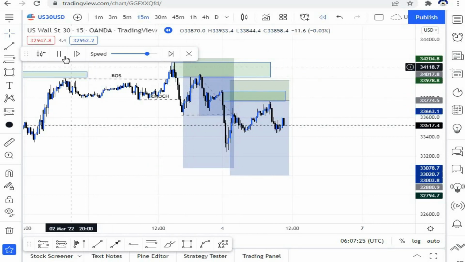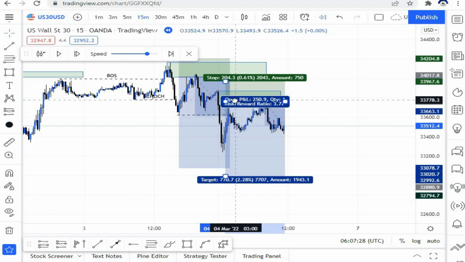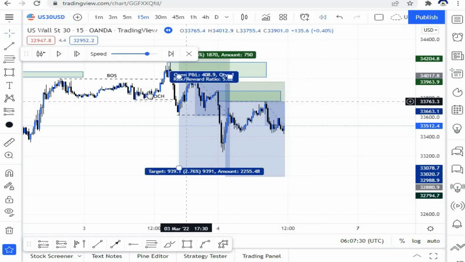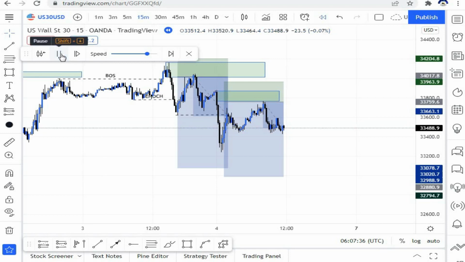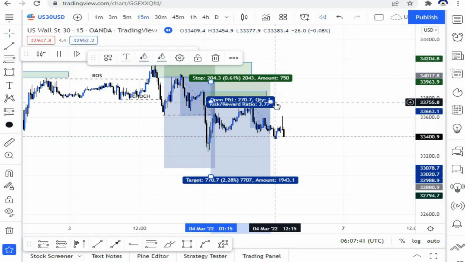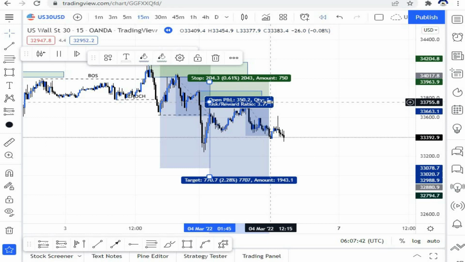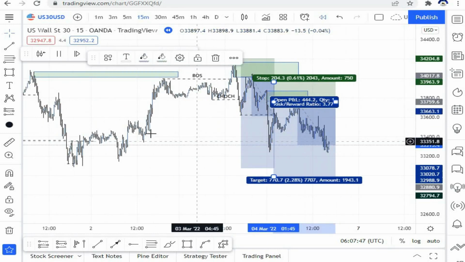As you can see, let's pause a little bit. As you can see here, guys, our entry was going to be activated if you were going to use your sell limits, and this was going to be another good successful trade right there. As you can see, price is now going down.